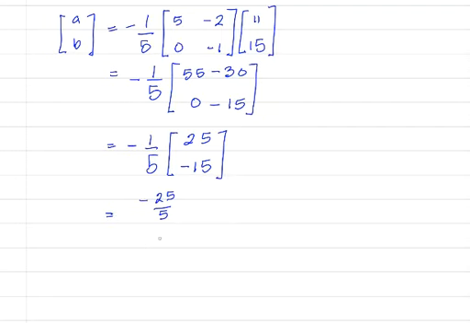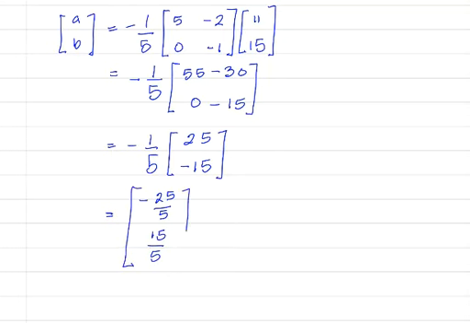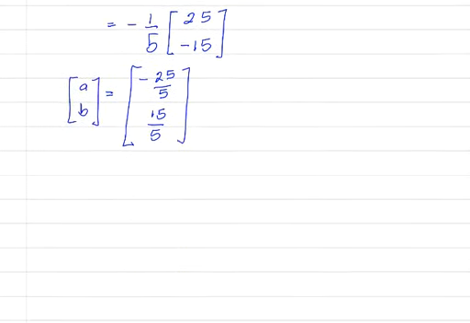So it's positive 15 over 5. And this is AB, which is Q. Therefore, I can say that the matrix Q with elements AB would be equal to minus 5, and down by the bottom we have 3.